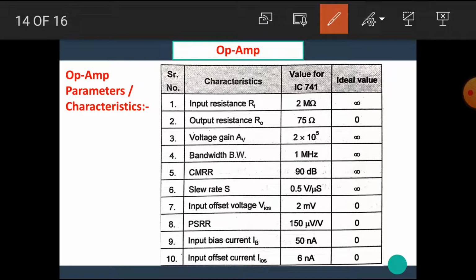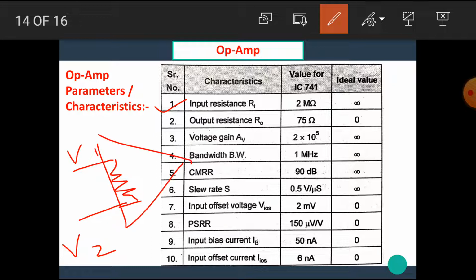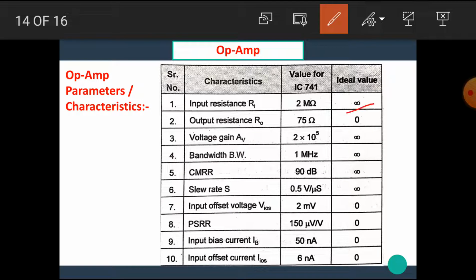The first characteristic is input resistance. The input resistance is the resistance between the inverting and non-inverting terminals. This resistance is known as the input resistance or input impedance. Its value should be infinity, but for IC741 its value is 2 mega ohm. The next term is output resistance.